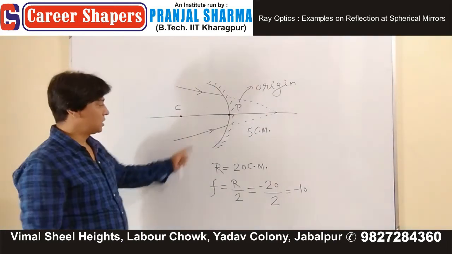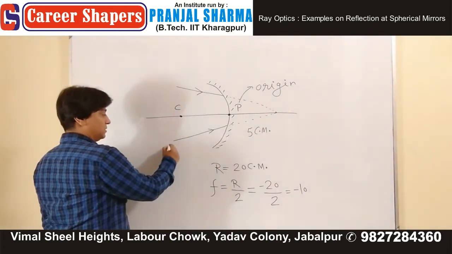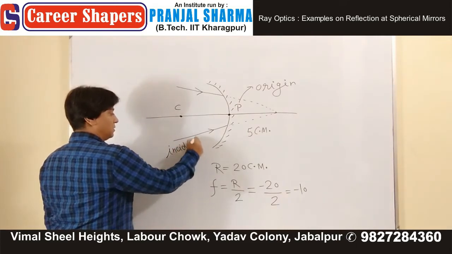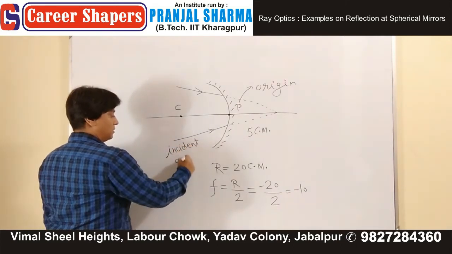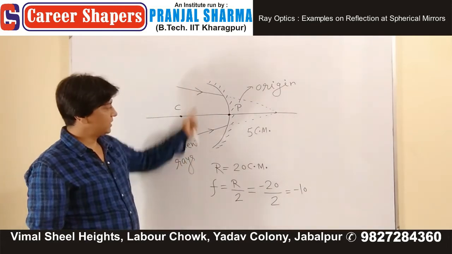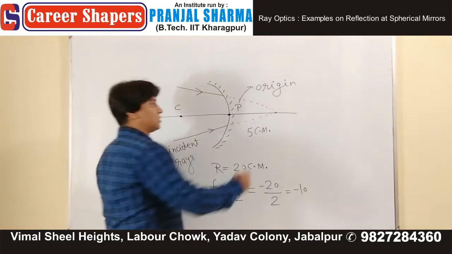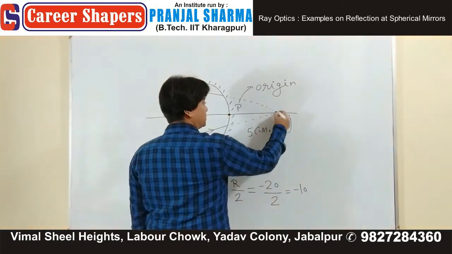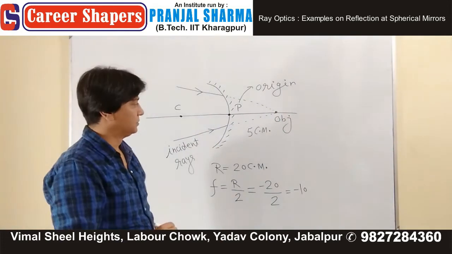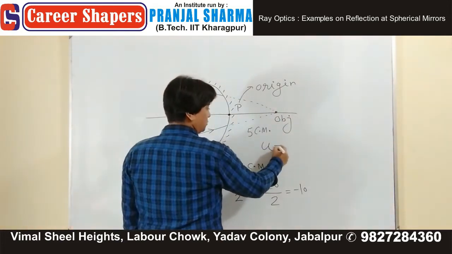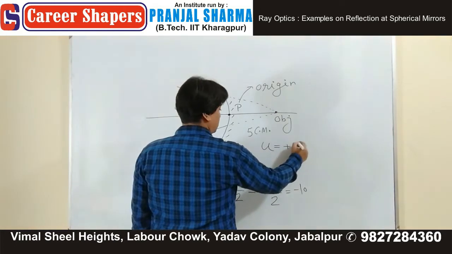Now these are what? Incident rays. And intersection of incident rays gives you what? Object. So this position is object. Object means you now have the value of u. U is what?